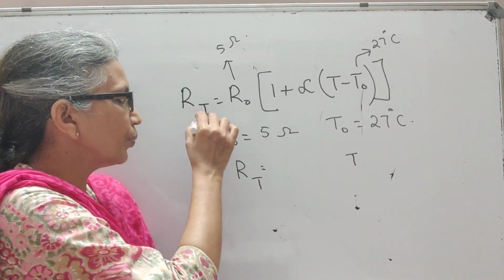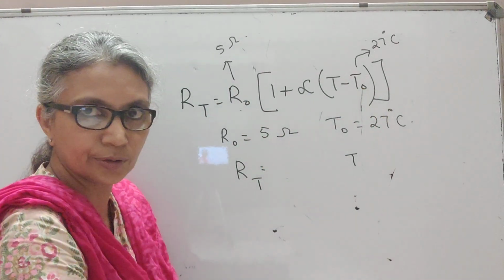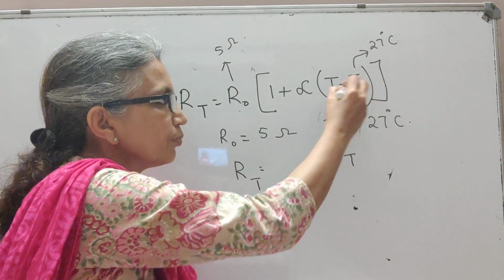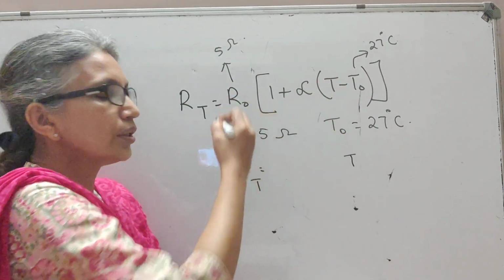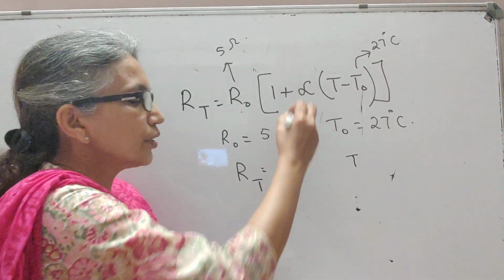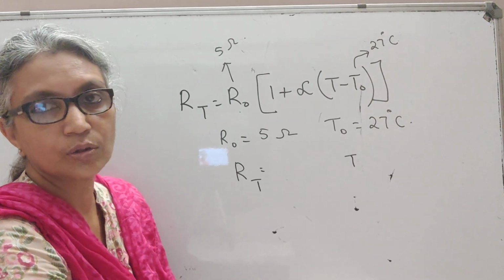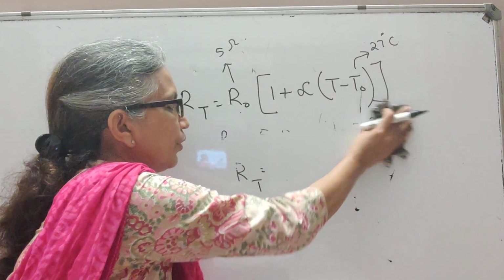So in this equation, R0 is the original resistance at temperature T0. You have increased the temperature from T0 to T. Your resistance will now increase from R0 to R_T. Alpha is called the temperature coefficient of resistivity. You can see that it can be defined like this.